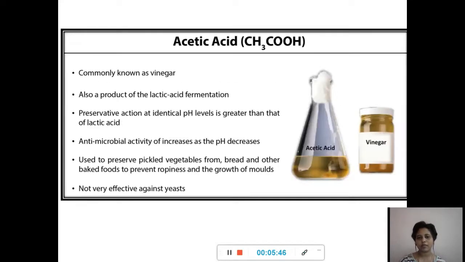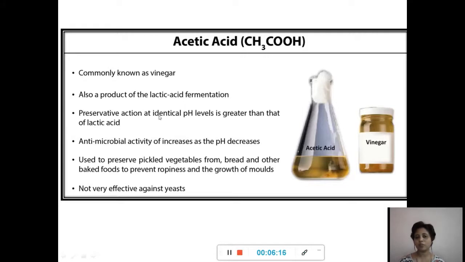Now, the common acid that we have is acetic acid, vinegar. It is a product of fermentation. The preservation action at identical pH levels is greater than that of lactic acid. Even if you consider the same pH, comparing lactic acid and acetic acid, the preservation action of acetic acid has been found to be greater than that of lactic acid.